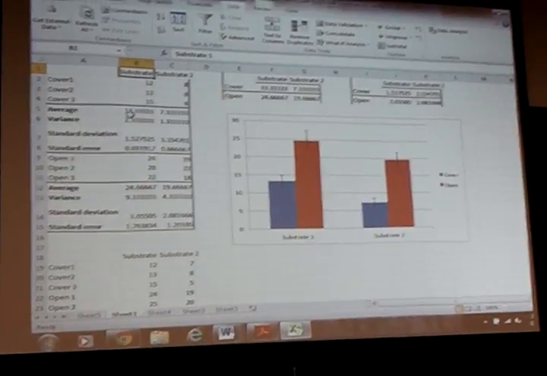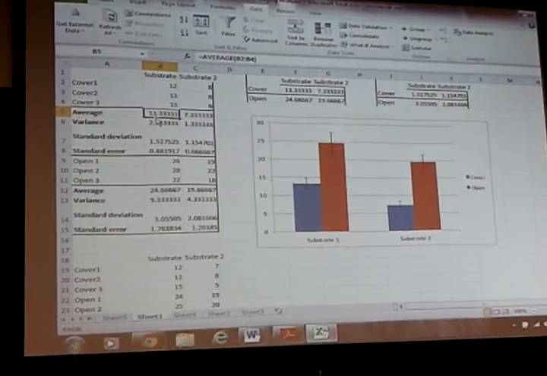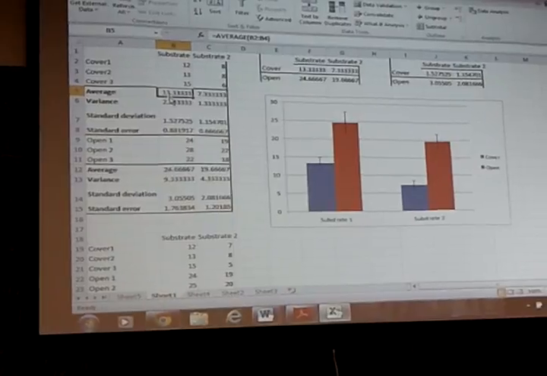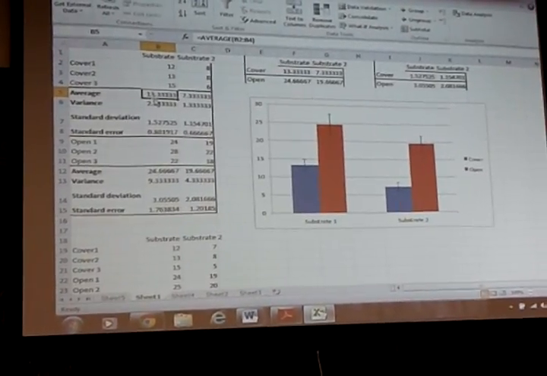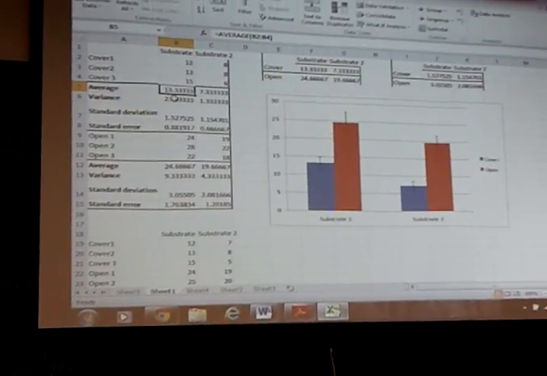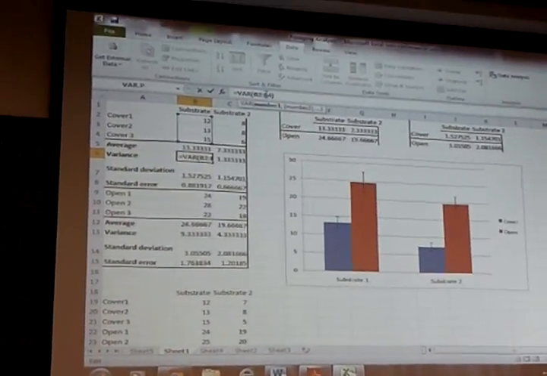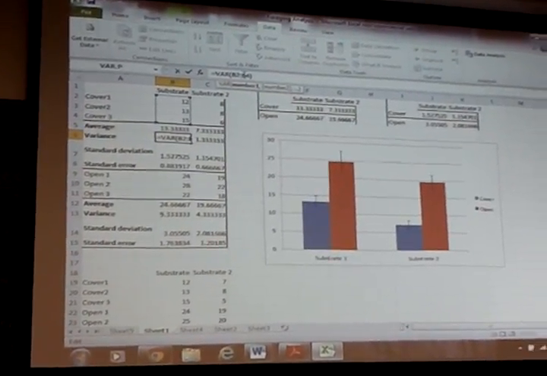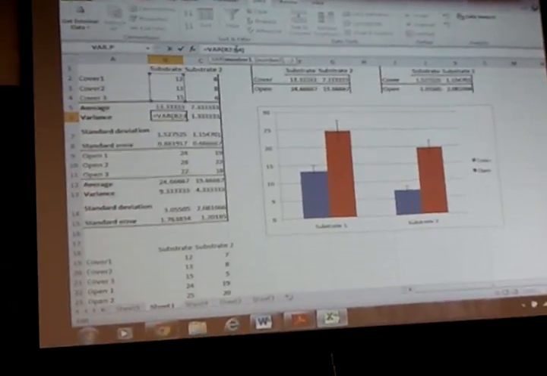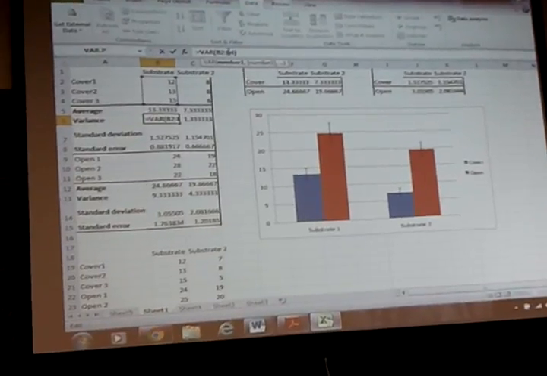So for average, this is what we've done before. Average equals average of the 3 cells. You want to do that for each of your variables. It wants us to do variance, which is, when I was showing you that standard deviation equation, the variance is just before you take the square root of that.